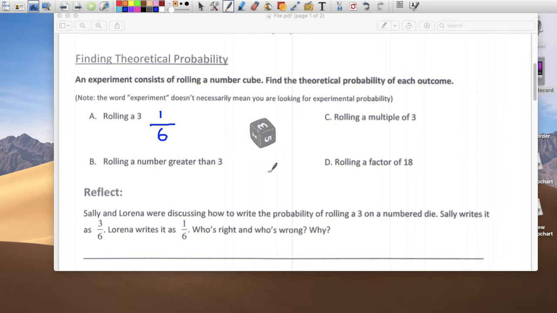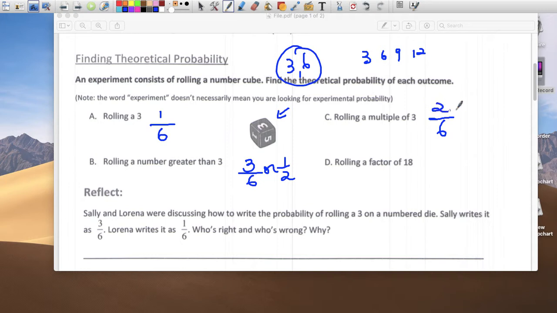Rolling a number greater than 3: that would be 4, 5, 6, so 3 out of 6, or a half. Rolling a multiple of 3: that'd be 3, 6, 9, 12. On this die there is a 3 and a 6, so 2 out of 6, or 1/3.